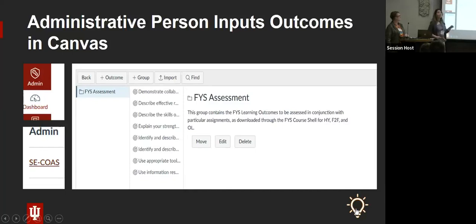Now, what's interesting, you could skip this altogether and just start building outcomes. But what happens is, because you're building them at such a high level, this gets really unruly really fast. So I always build a group first. I'll share an example. When I was working with the School of Education, and I'll be really transparent here, we were trying to shift away from paying for a third-party product.